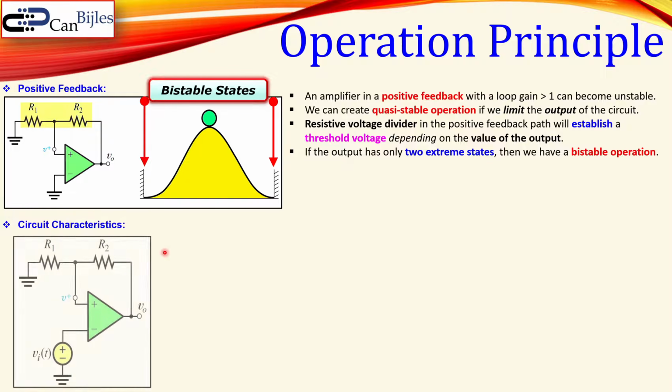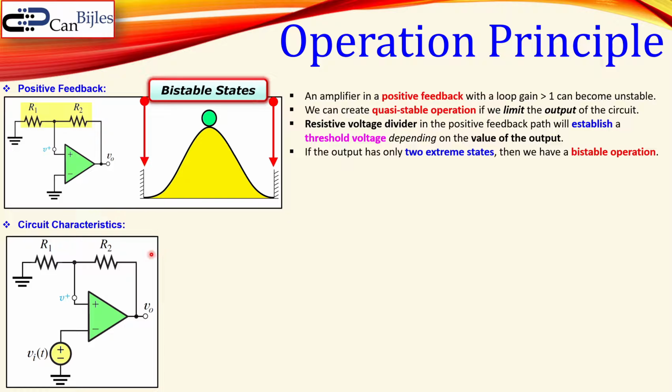Now the circuit characteristics can be discussed using this circuit, for example. We have this input voltage at the inverting input. Again, the same positive feedback. Now this node of the op-amp and this node of the op-amp will be compared by this op-amp. If the non-inverting input is larger than the inverting input, the op-amp output voltage will then go to its maximum possible output voltage.